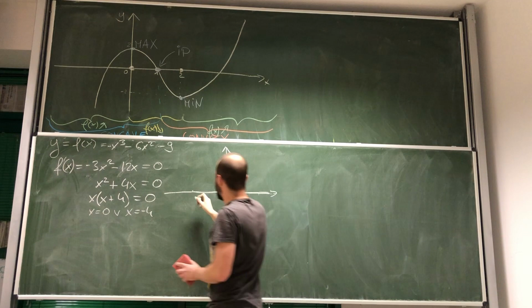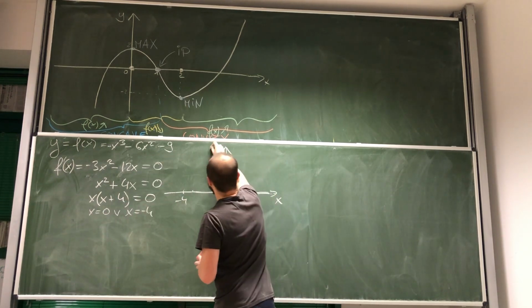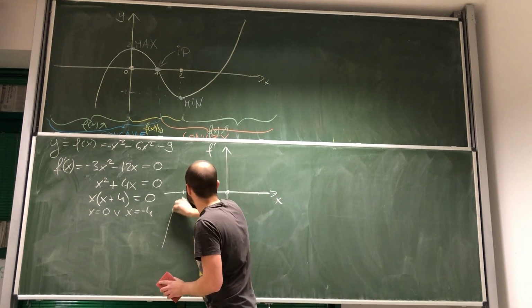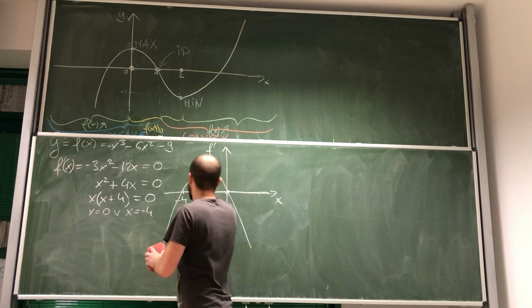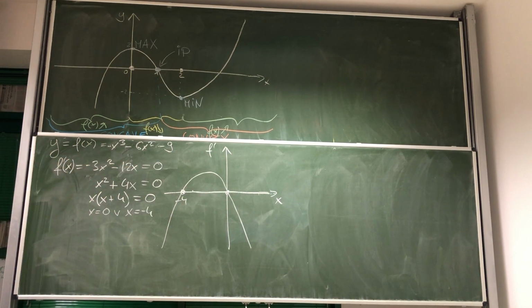It's going to be going through point negative 4 and through point 0. And it's going to look like this. Okay. Now, what do we learn out of this?